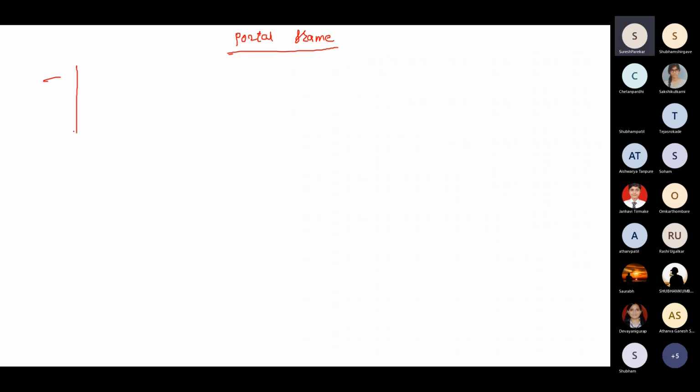Something like a frame is given, we have this type of loading.